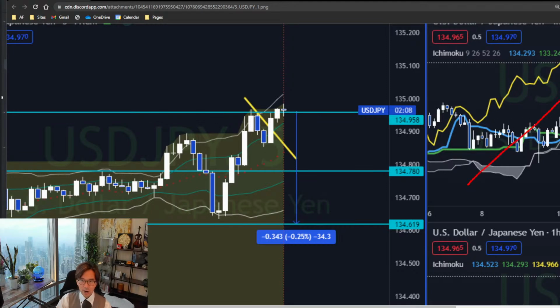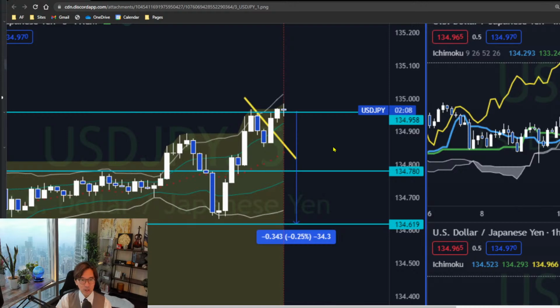So if 4-hour is up and 1-hour is also up, then M5 should be bullish also. But if M5 doesn't go bullish for any reason, I was planning to exit. So that was my thought process of how I took an entry on the USDJPY.